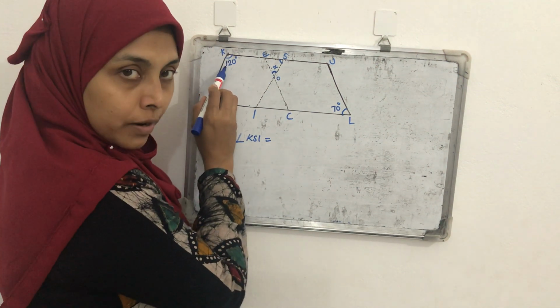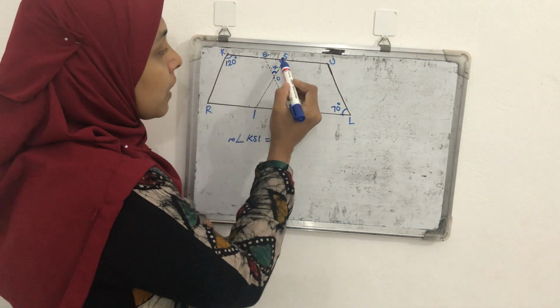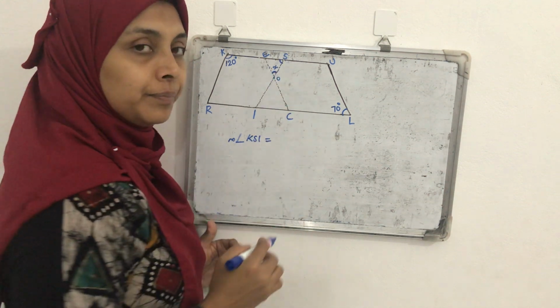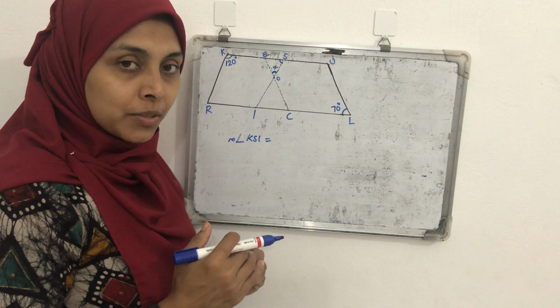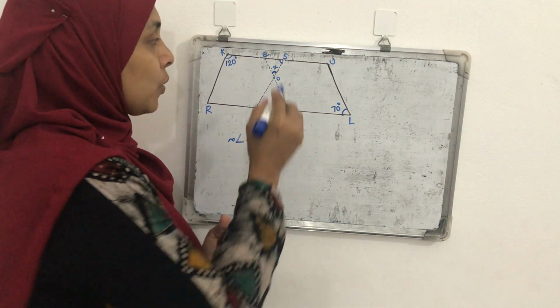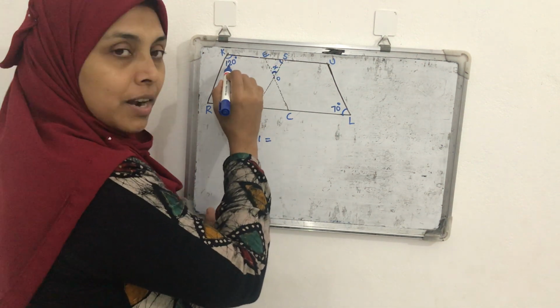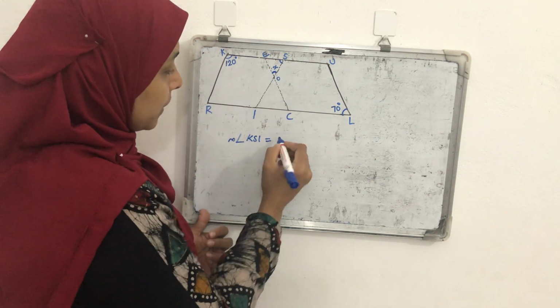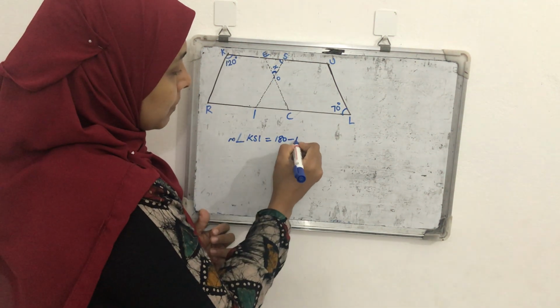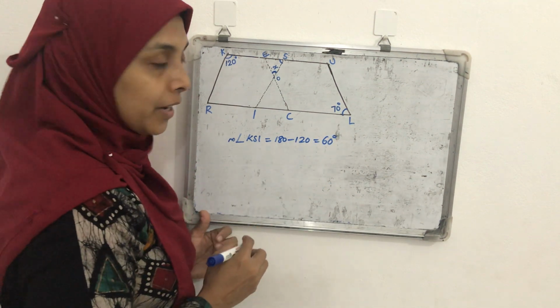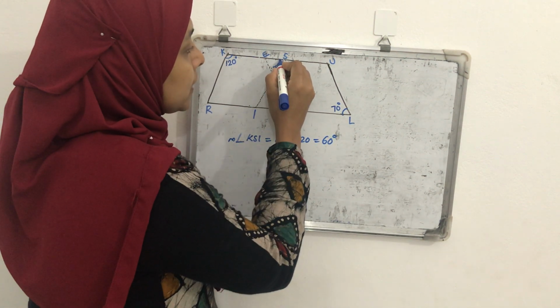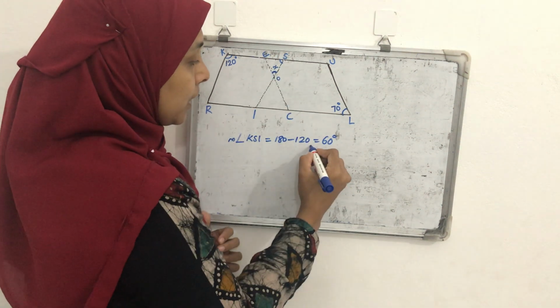If this angle is 120 degrees, what will be this angle S? We know adjacent angles of a parallelogram are supplementary. So this angle will be 180 minus 120, that will be 60 degrees. So we found this angle S as 60 degrees.